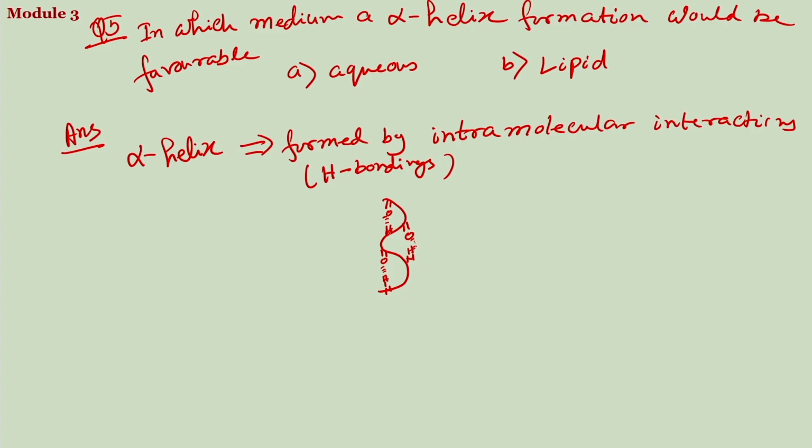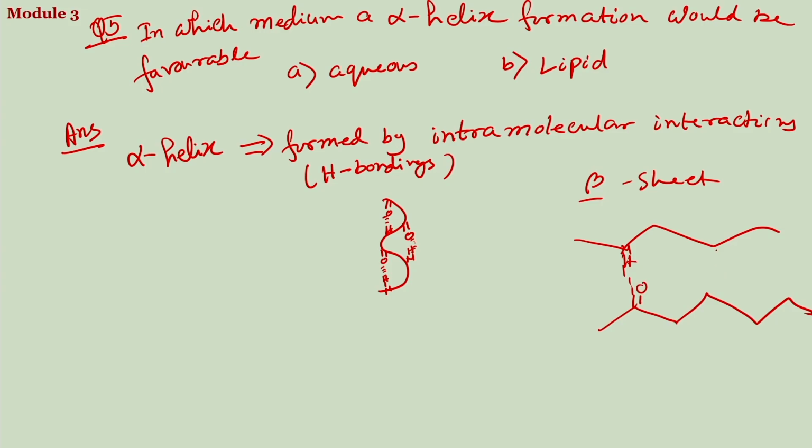Now, the question is, in which medium this should be favorable, aqueous or lipid? So, which is the other form? Other form is the beta. If the beta conformation is formed, then that is because of, as we have mentioned, intermolecular hydrogen bonding, NH, CO between two molecules, CO, NH, and like this, that will allow the formation of a planar structure.